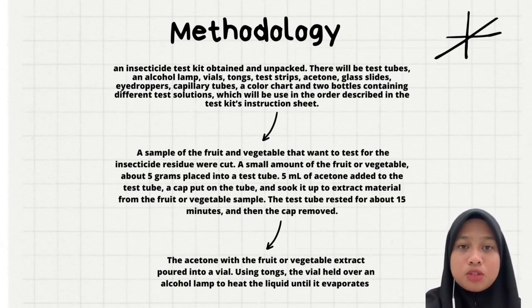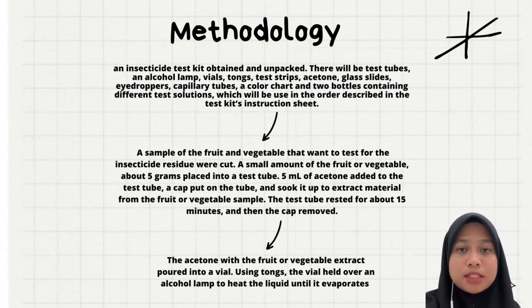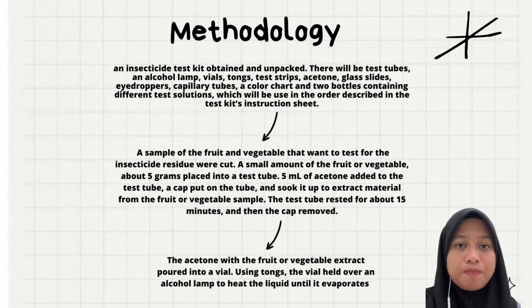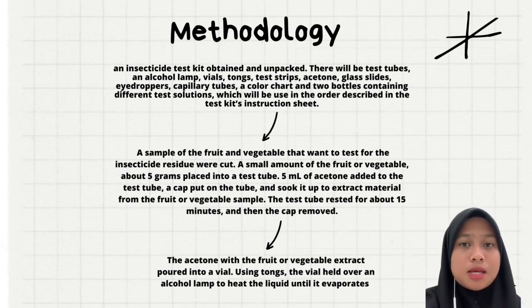There will be a test tube, an alcohol lamp, vials, tongs, test strips, acetone, glass slides, eyedroppers, capillary tubes, a color chart, and two bottles containing different test solutions, which will be used in the order described in the test kit's instruction sheet.